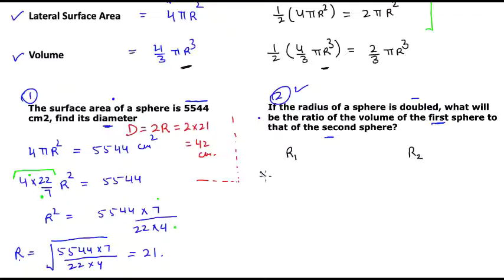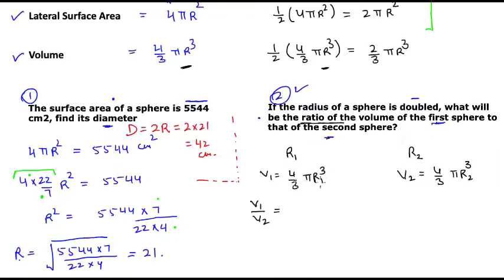Likewise, volume is equal to 4 by 3 pi r1 cube, and the volume of the second sphere will be 4 by 3 pi r2 cube, where r2 is the radius of the second sphere. Our interest is in finding the ratio of the volumes of the first sphere to that of the second. So we need to obtain this ratio, which is V1 over V2, right?